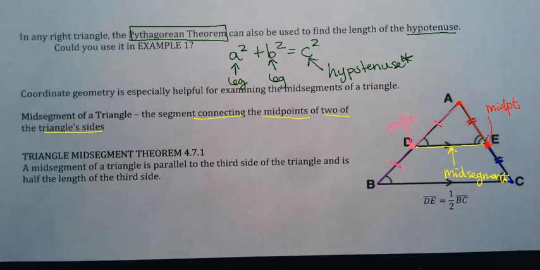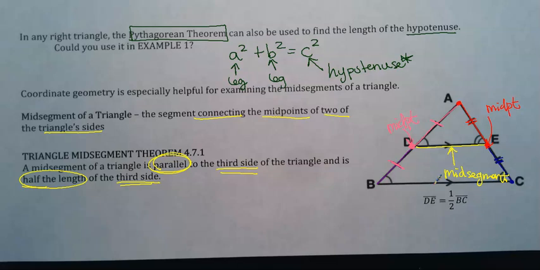All right, a mid-segment of a triangle is parallel to the third side of the triangle and is half the length of the third side. So in this triangle over here, we connected this side to this side. So the bottom here, BC, is our third side.